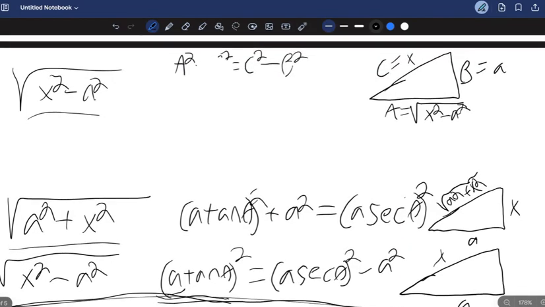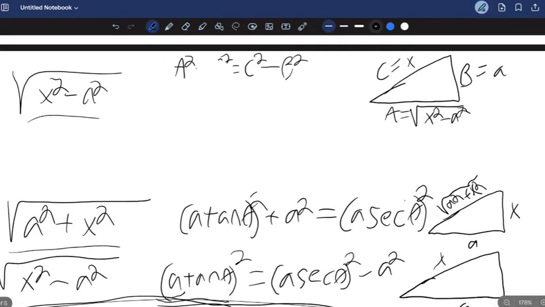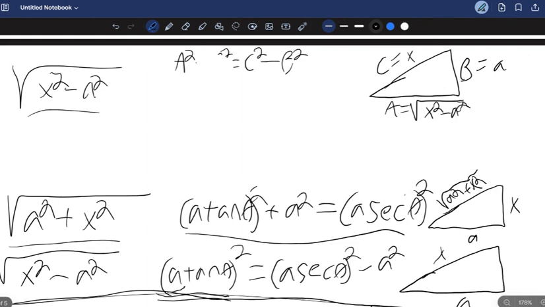Yeah, and so this method's going to end up a little different depending on what you subtract, and so which trig identities you're going to end up with. Because doing this, I chose to subtract the opposite side, which means I would want x over a, hypotenuse over opposite, to equal x over b, or x over a, so that I can do a times some function.